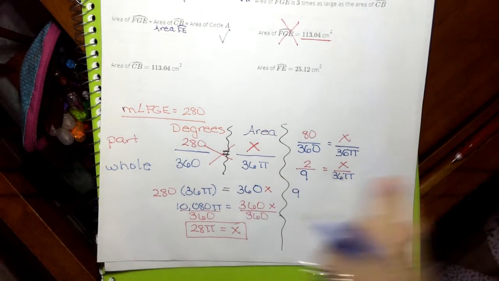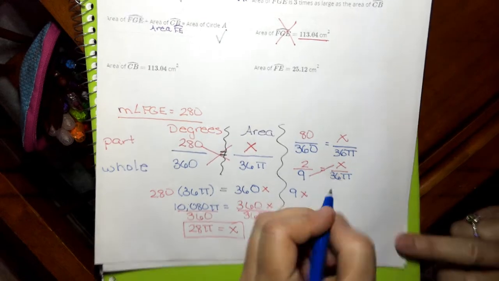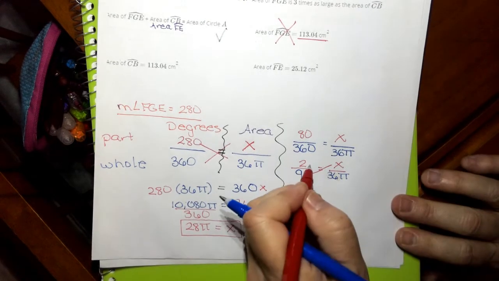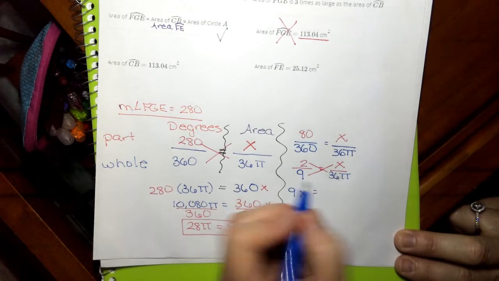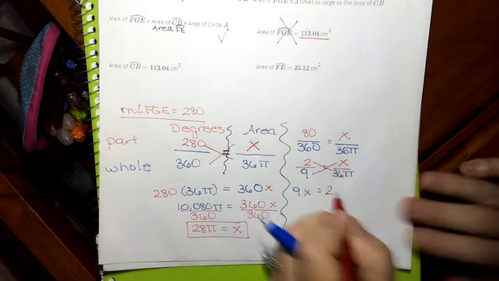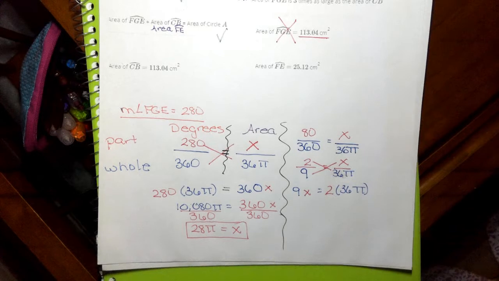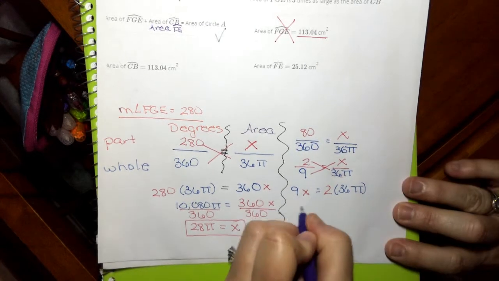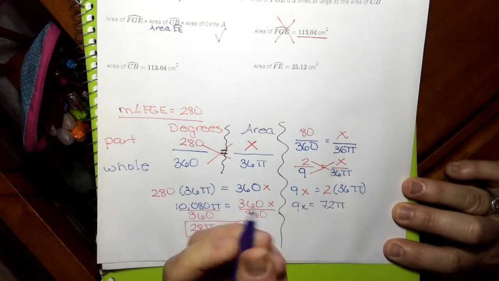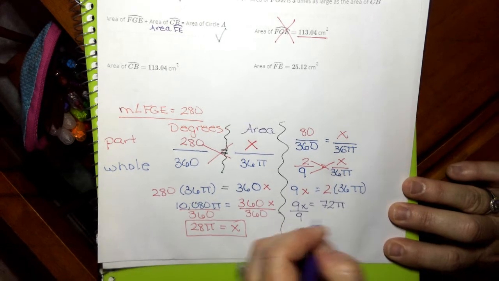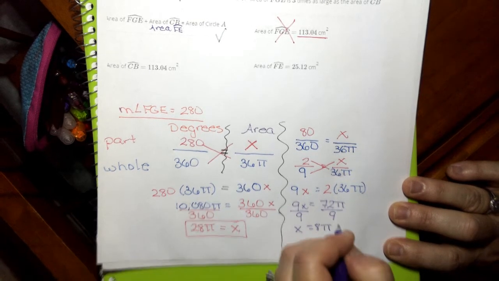So we get 9x is equal to 2 times 36 pi, which in turn gives me, divide by 9, both sides, x equals 8 pi.